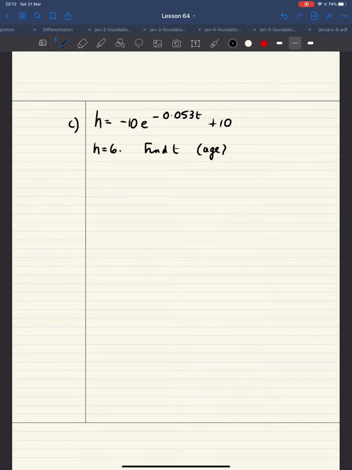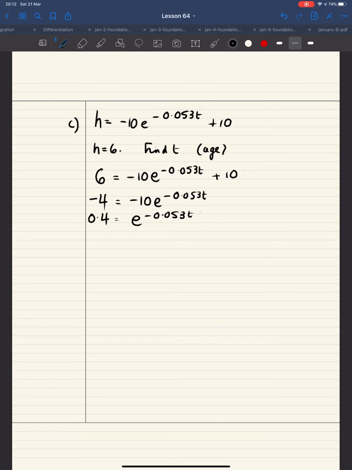Okay, this is part C. So substituting in 6 is minus 10 e to the minus 0.053 t plus 10. Subtract 10 from each side, minus 4 is minus 10 e to the minus 0.053 t. Divide both sides by minus 10, that's going to be plus 0.4 is e to the minus 0.053 t. e on one side, ln the other, so ln 0.4.